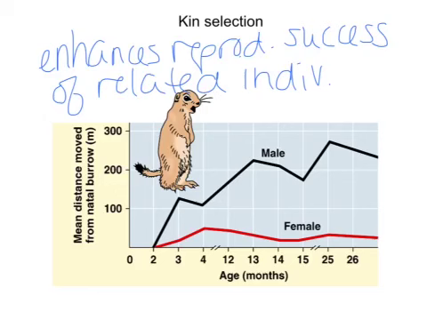You can see here with these ground squirrels that on your y-axis, you're looking at the distance that they moved away from their natal burrow, so basically where they grew up. Females stay a lot closer to home. They exhibit more of that altruistic behavior. They stay and help raise young close by the home.